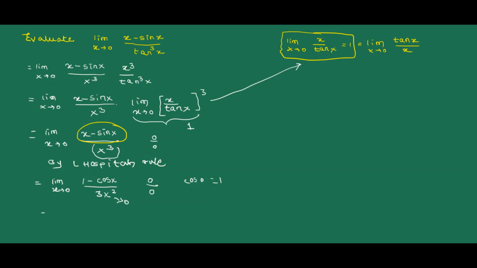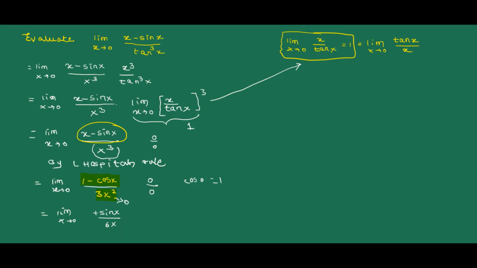So again by using L'Hospital's rule, limit x tends to 0, differentiate the numerator and denominator separately. If you differentiate the numerator, you will get differentiation of 1 is 0, minus, differentiation of cos x is minus sine x, minus into minus is equal to plus sine x, divided by differentiation of 3x square, which is 6x.